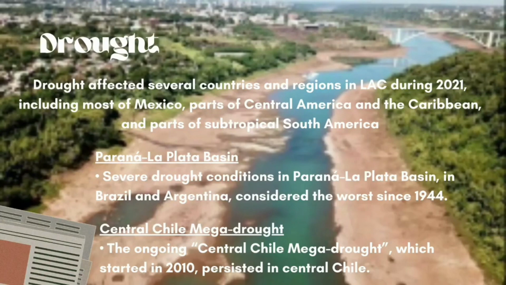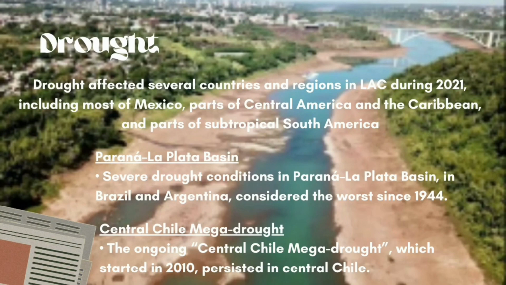Second is drought. Drought affected several countries and regions in Latin America and the Caribbean during 2021, including most of Mexico, parts of Central America and the Caribbean, and parts of subtropical South America. In the Paraná La Plata Basin in Brazil and Argentina, severe drought conditions were considered the worst since 1944, affecting many sectors including agriculture, inland water navigation, energy production, and water supply, as well as ecosystems.